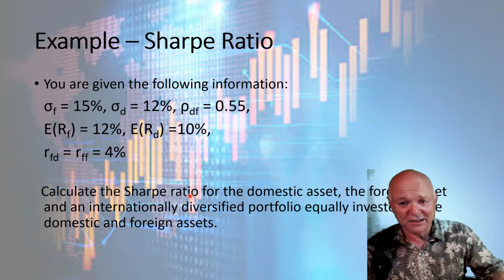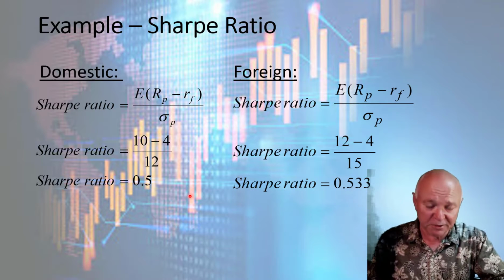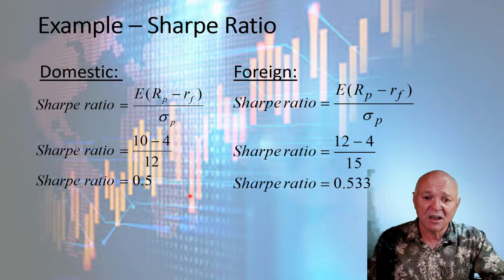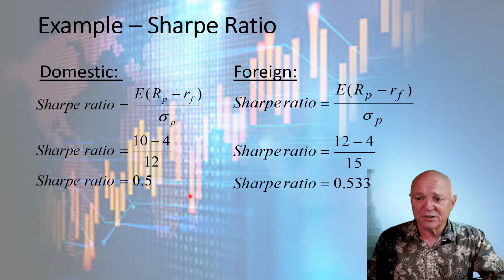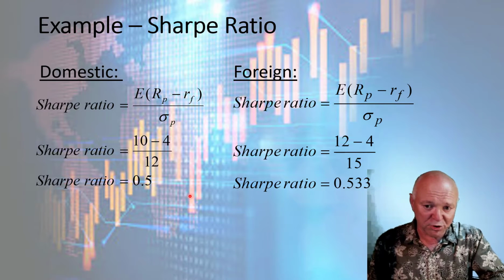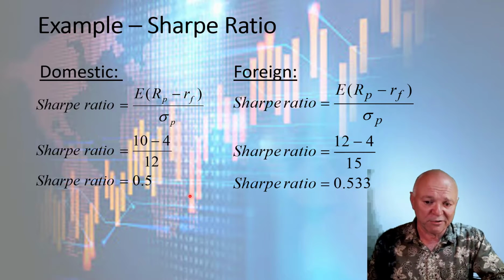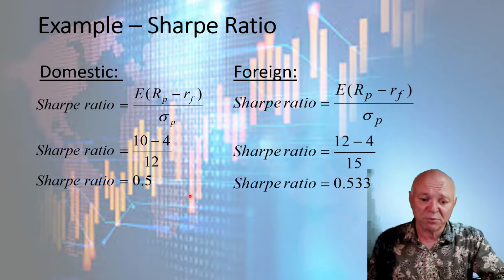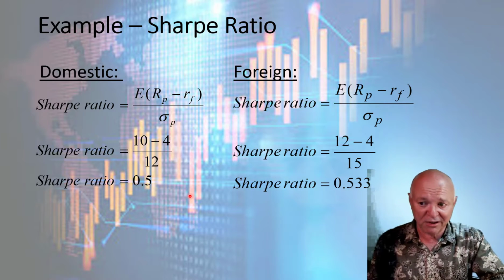If we use that data and put it into an example, again from the Solnik textbook, we can see that the domestic calculation of the Sharpe ratio is going to give us an expected return of 10% for the portfolio minus our risk-free rate of 4%, divided by the 12% standard deviation, which gives us a Sharpe ratio of 0.5.